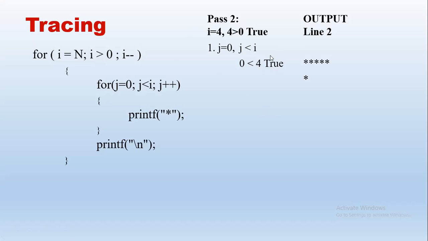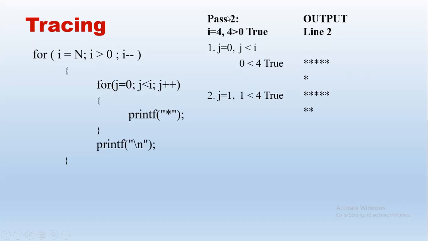So 1 star is printed in the second line. Next, j has to be incremented. j becomes 0 plus 1, 1. So j is 1 now. So j is 1, 1 less than i. i is 4. j less than or equal to i, 1 less than 4.